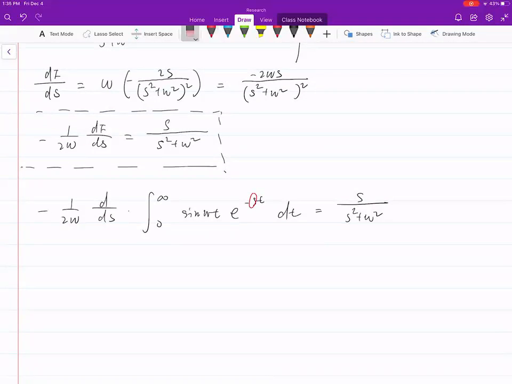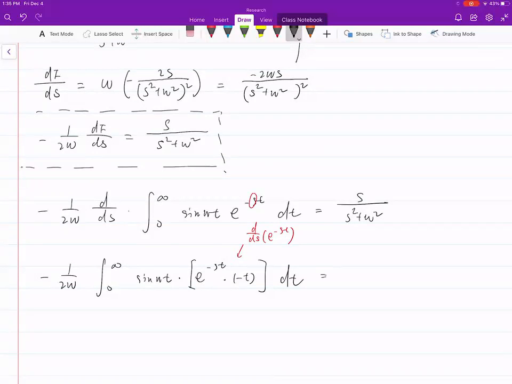So you can actually take the derivative before the integral. Remember, with respect to s, and the reason is because that's the only term with s.